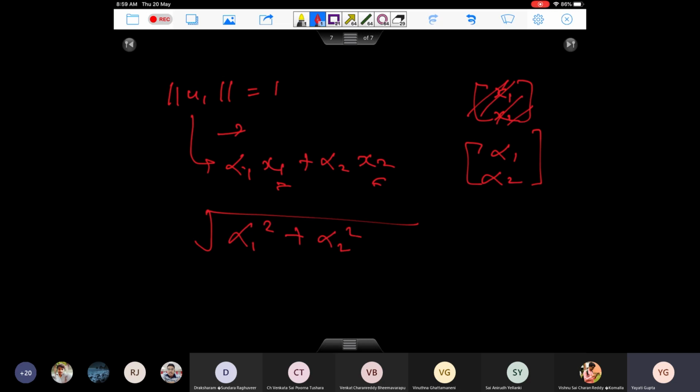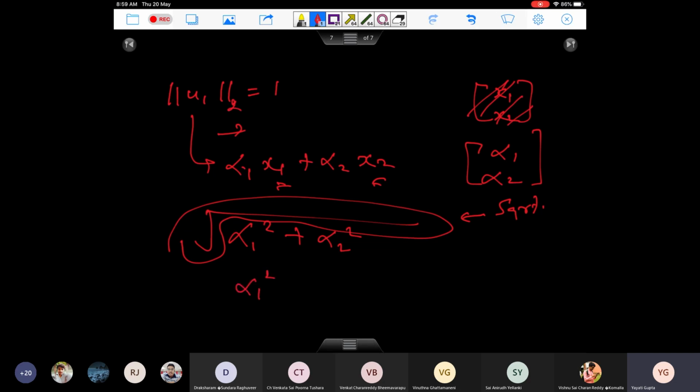Handling this square root term becomes a little clumsy mathematically, so what the authors have done is just take the square of it. So they try to ensure that alpha 1 square plus alpha 2 square is 1.